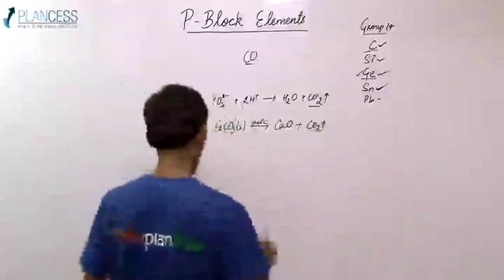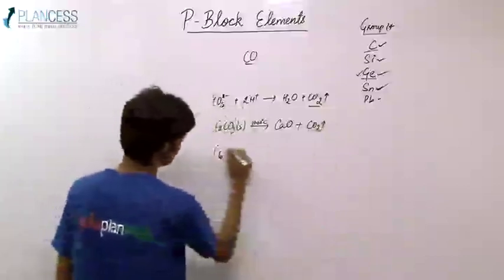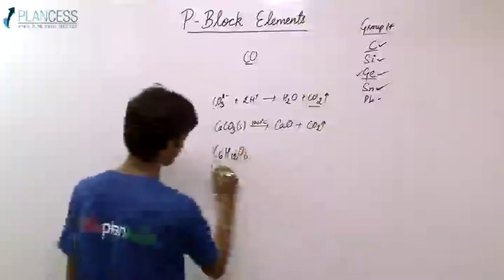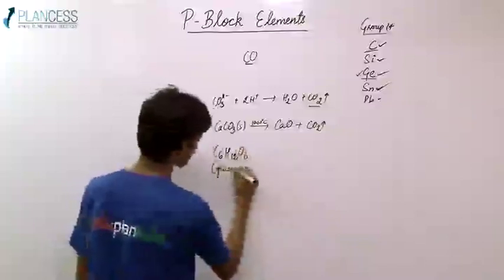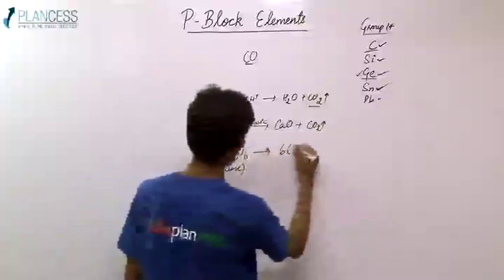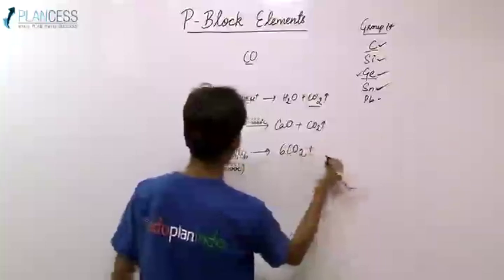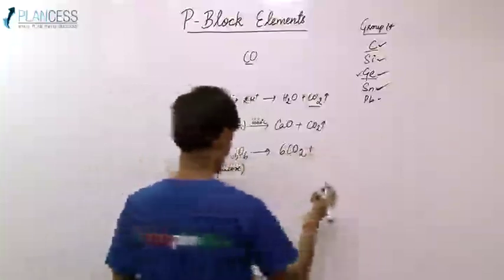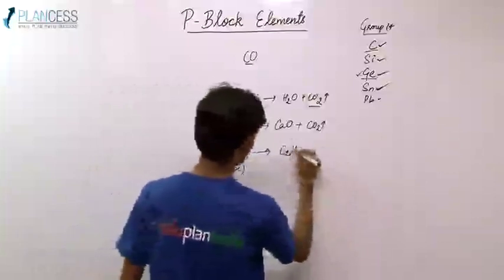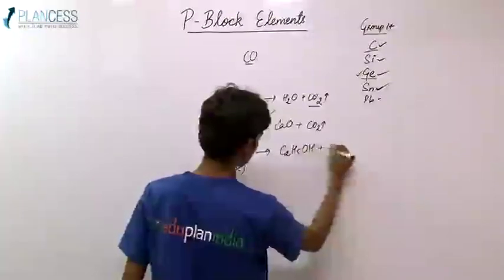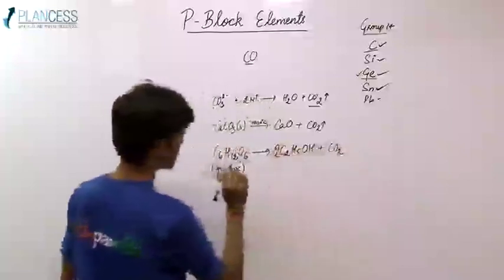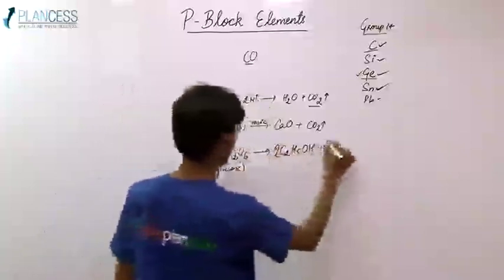And as far as fermentation is concerned, C6H12O6, that is also known as glucose, when fermented forms 2C2H5OH, that is ethyl alcohol, plus 2CO2.